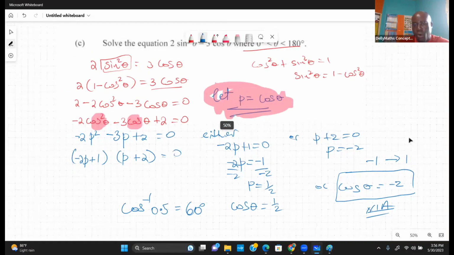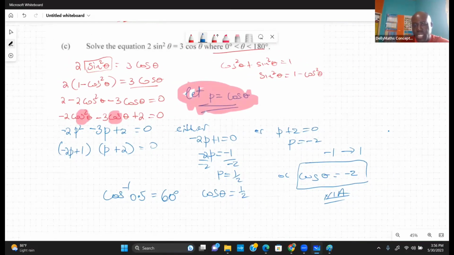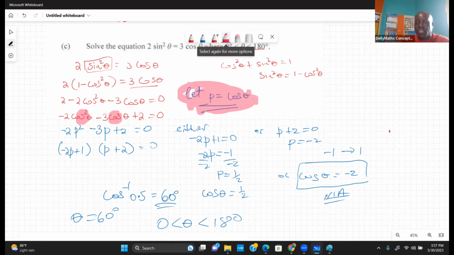Now, remember though, we're functioning between, we want the angle theta to be less than 180 but greater than 0. So this is an option that fell in that. So theta right now is 60 degrees. Now, wherever cos is positive, there are 2 places.